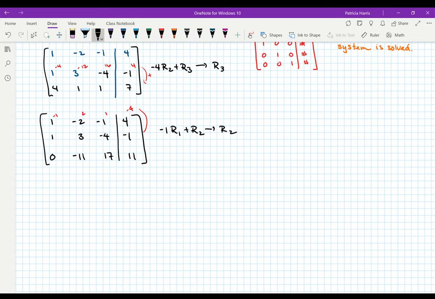Okay, so row 1 stays the same. Row 3 stays the same.